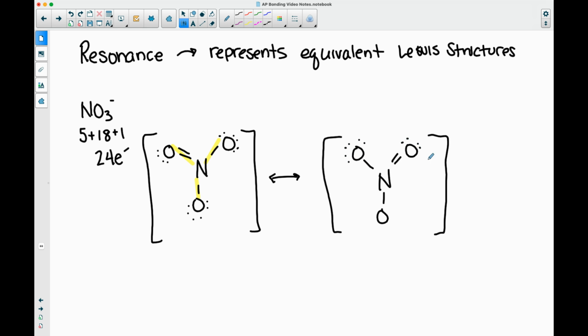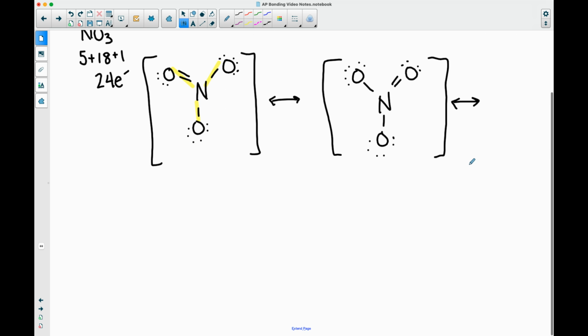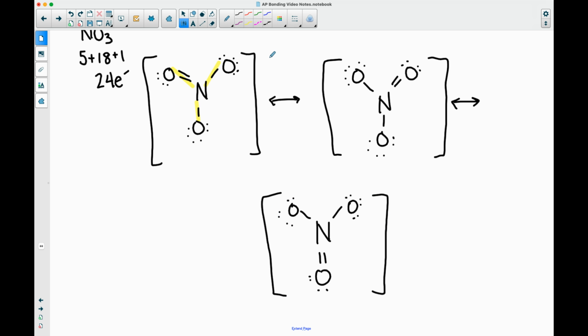So what winds up happening is that if we measure, and there's a third one that I'm going to put down here, the bond lengths are actually identical. The bond length is not the typical length for a N to O single bond, nor is it the bond length for a typical N to O double bond.